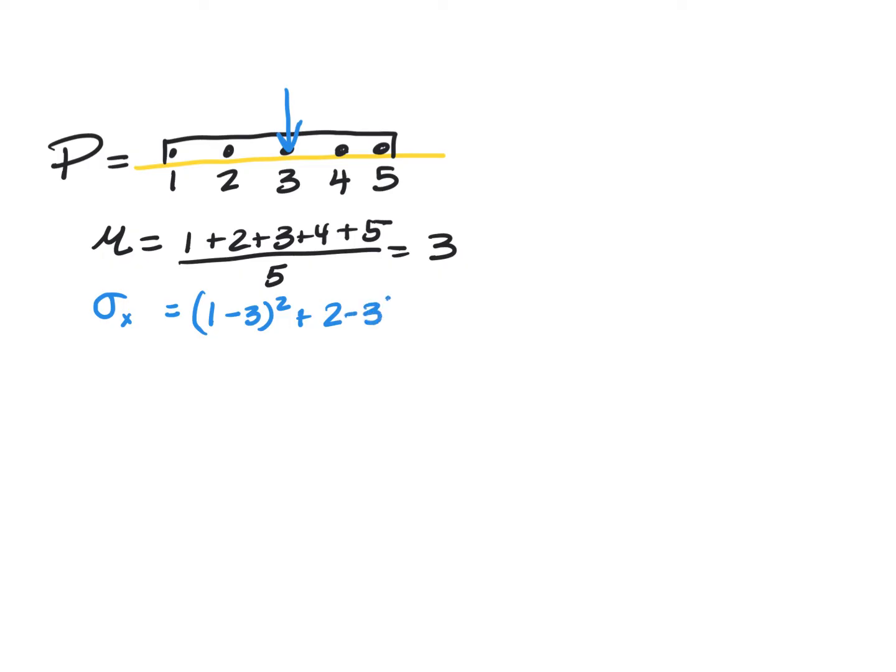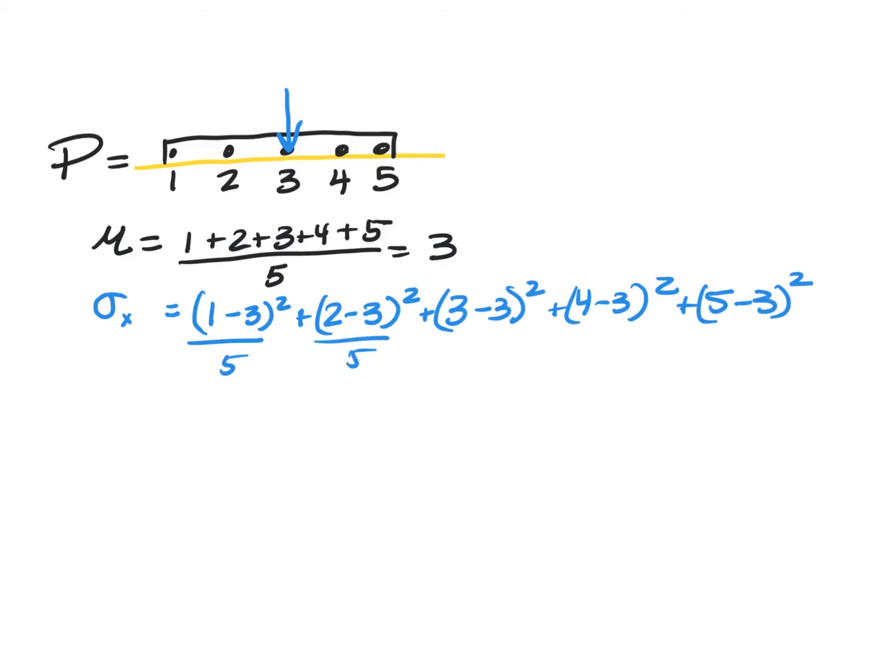I'm doing this all by hand. I don't have the technology right now to speed this up for you, so you'll just have to bear with me. Then we're going to divide it all by 5, because this is the population standard deviation, not 4 but 5. Then we take the square root of that whole thing.